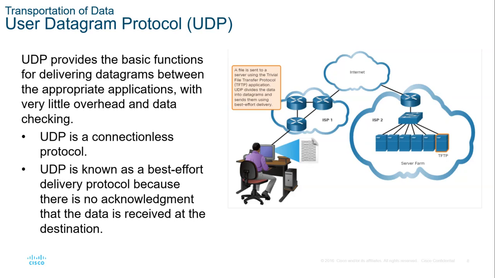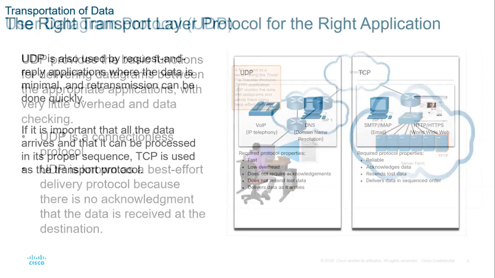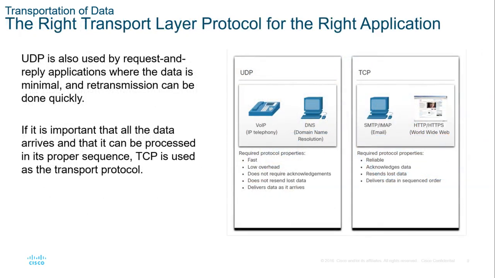There is no need of agreeing on the data rate to be exchanged. Numbering is there, but what is not there is acknowledgement and sequencing, like rearrangement. UDP is also used by request and reply applications where the data is minimal and retransmission can be done quickly.